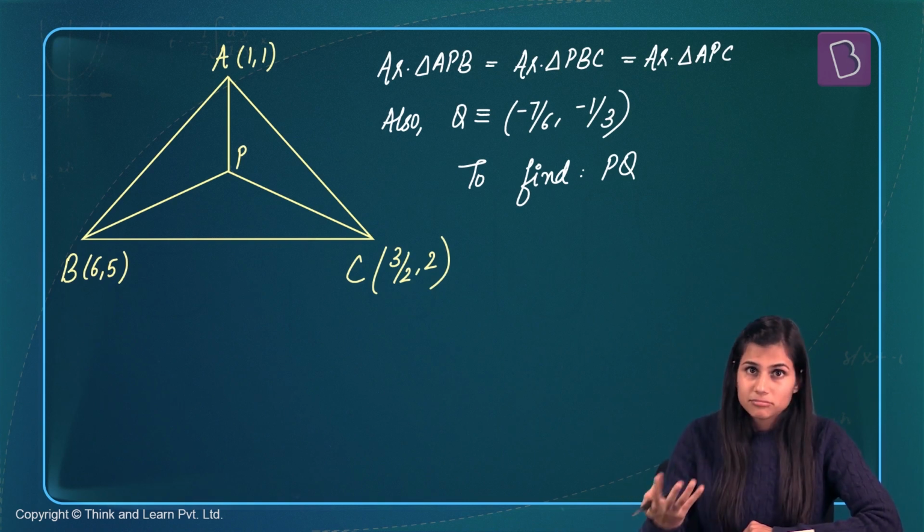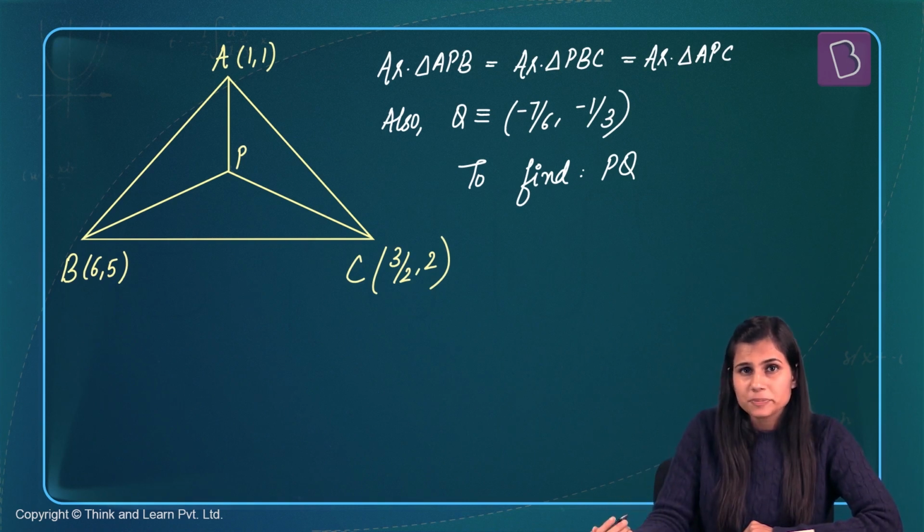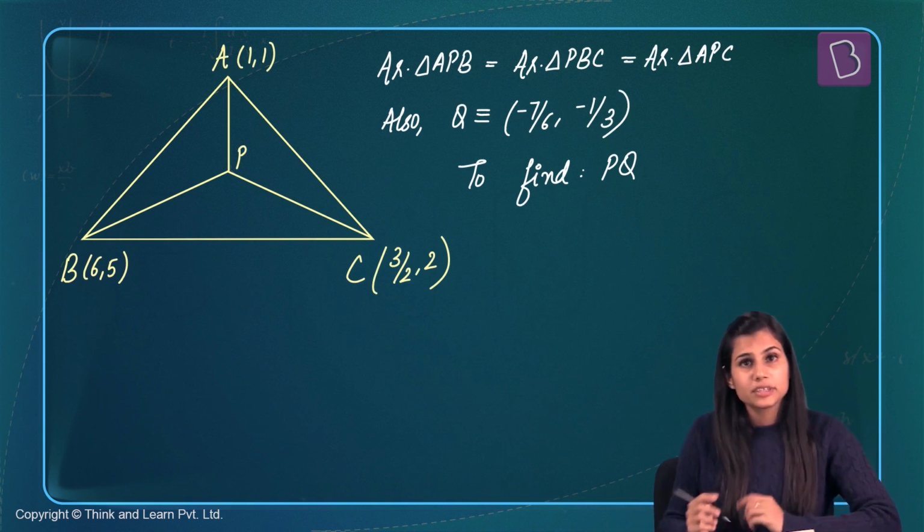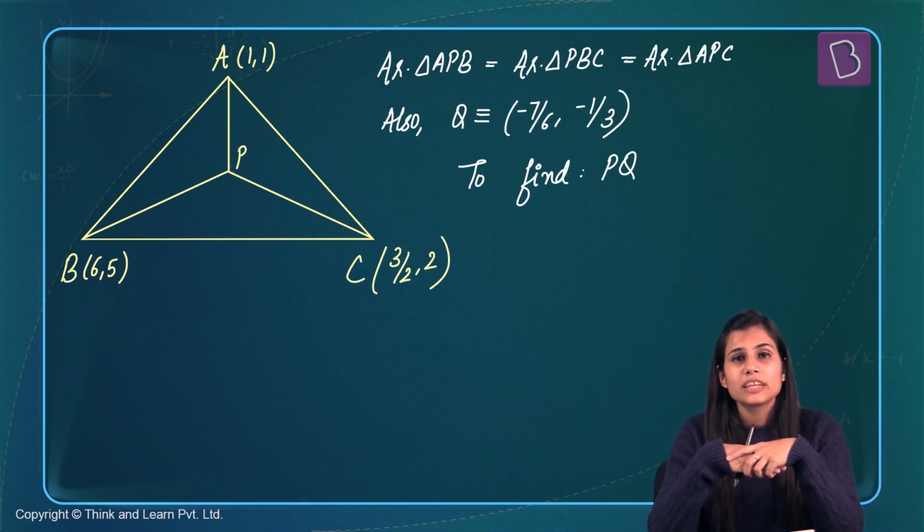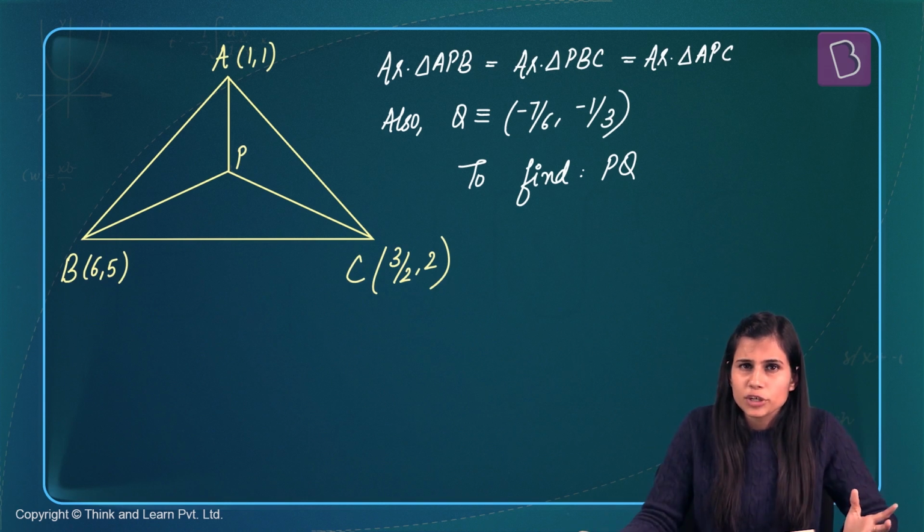After that, this is enough for us to get the coordinates of point P, isn't it? The moment we have found out that P is going to be the centroid of this triangle, what is going to be the x-coordinate of point P?